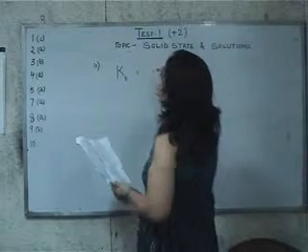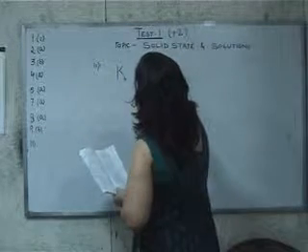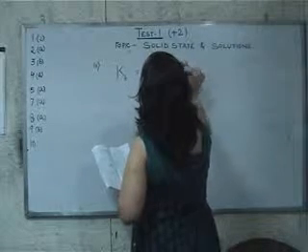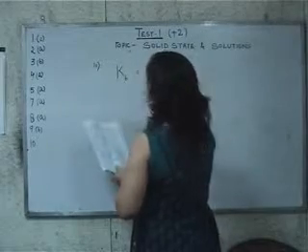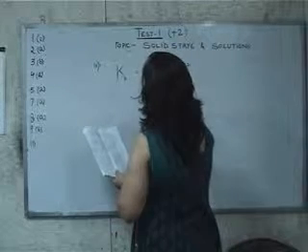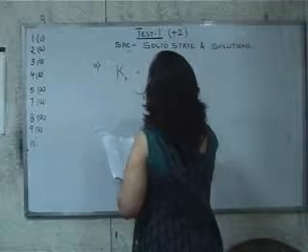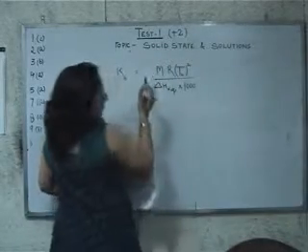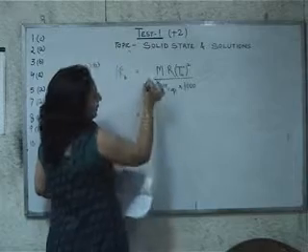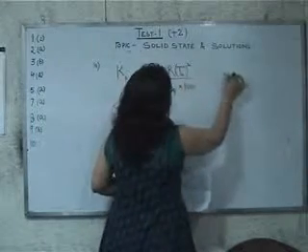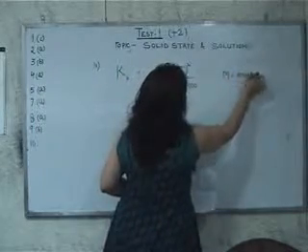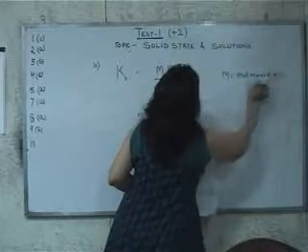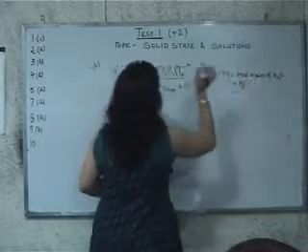The formula is M R Tb naught square divided by delta H vaporization into 1000. This is the formula of Kb. M is the molecular mass of solvent, here water, equal to 18.